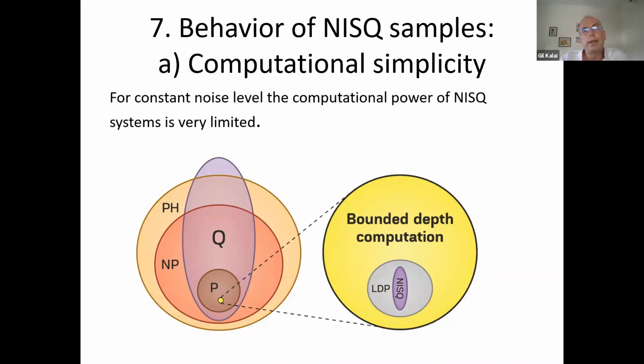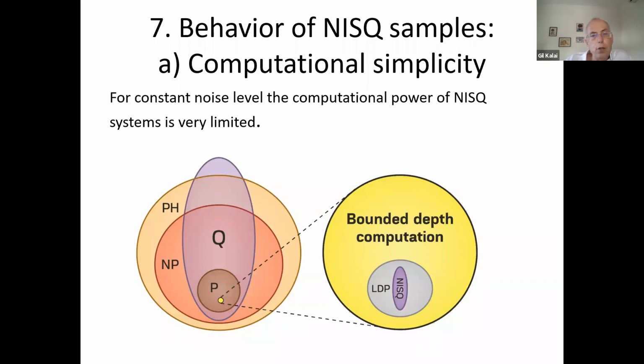It is not related to the Google experiment. When we have a constant level of noise, and this is a reasonable assumption when we model quantum computing, then the computational power of NISQ systems is very limited.